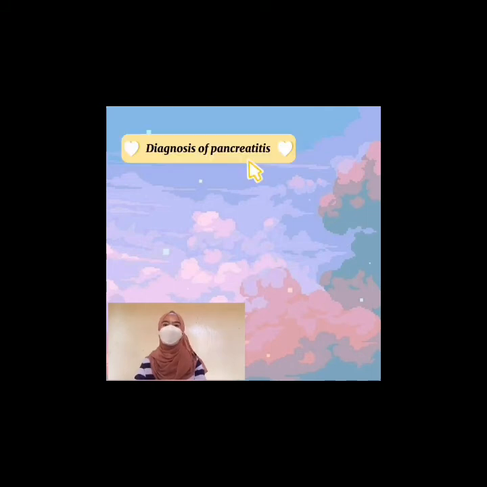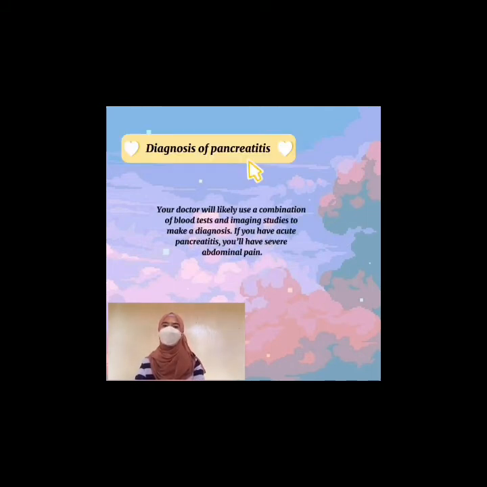So, the diagnosis for pancreatitis: your doctor will likely use a combination of blood tests and imaging studies to make a diagnosis. If you have acute pancreatitis, you will have severe abdominal pain.